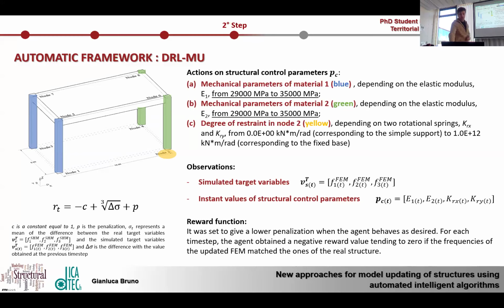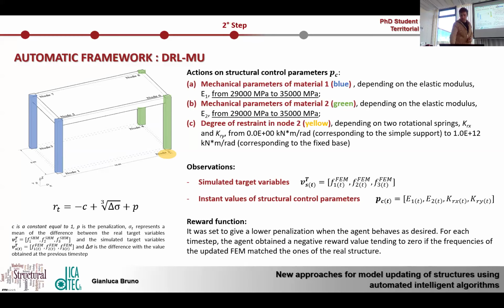And I wrote a reward function to obtain a lower penalization when the agent behaves as desired. For each time step, the agent obtains a negative reward value tending to 0 if the frequencies of the updated model match those of the real structure.